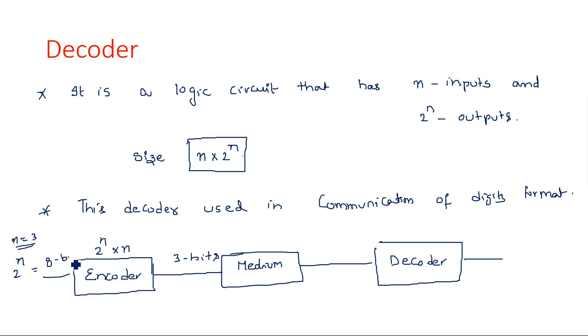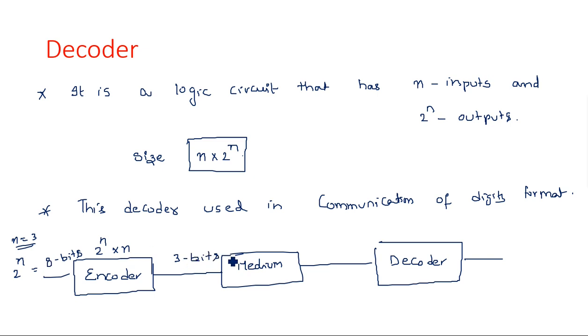The input is 8 bits, whereas after passing through the encoder we have only 3 bits. This is the encoding operation. After encoding we have far fewer bits compared to the original input, and these 3 bits carry the information which the 8 bits carried.